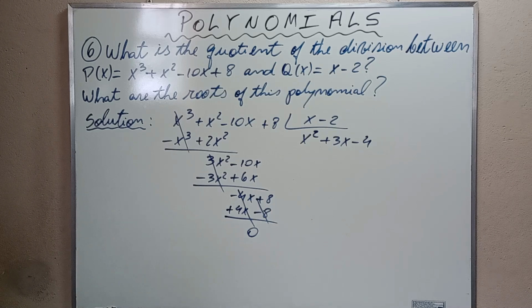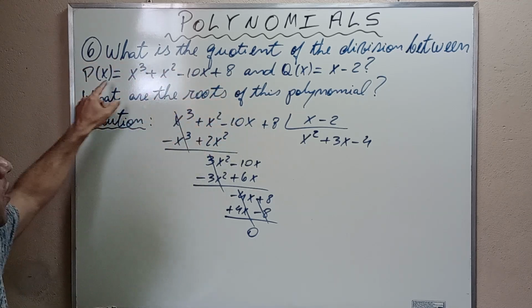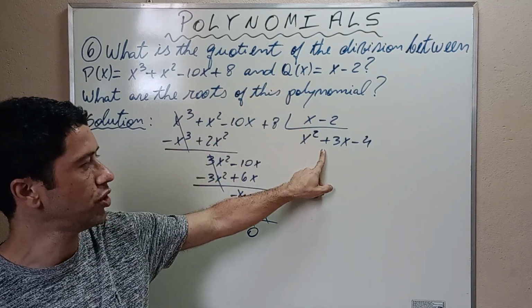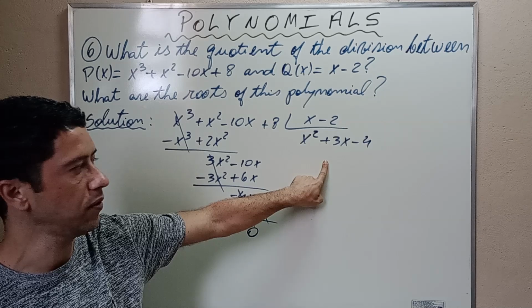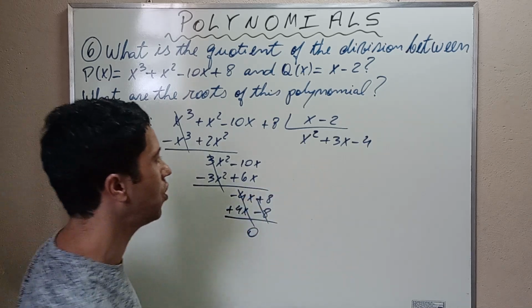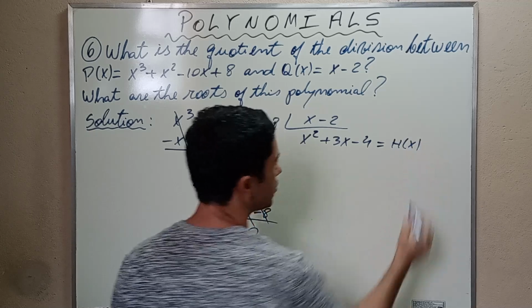So the exercise asked us, what is the quotient of the division between this and this? And the quotient is exactly this. This is the quotient. Alright, let's call it h of x, okay?